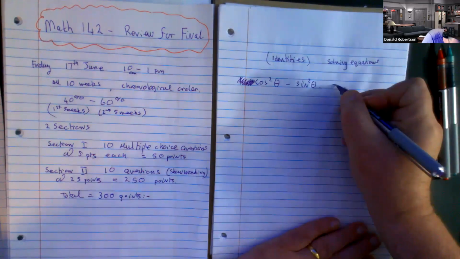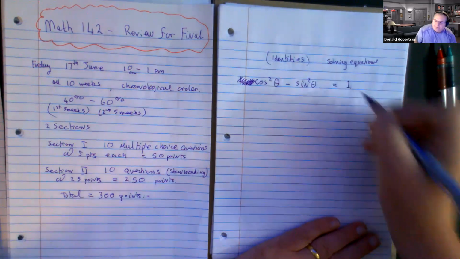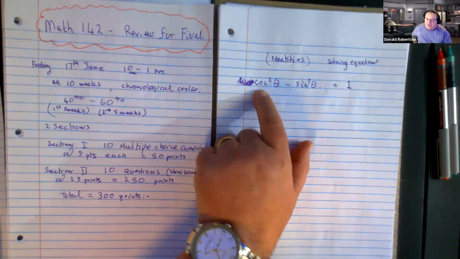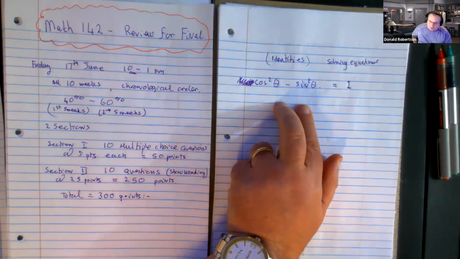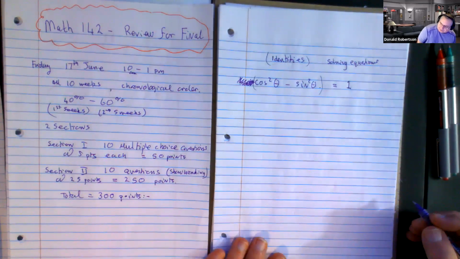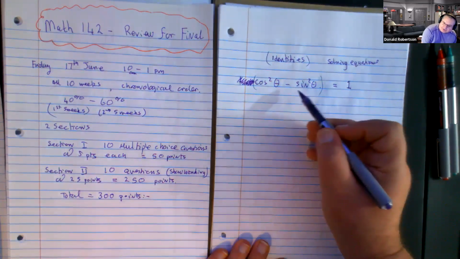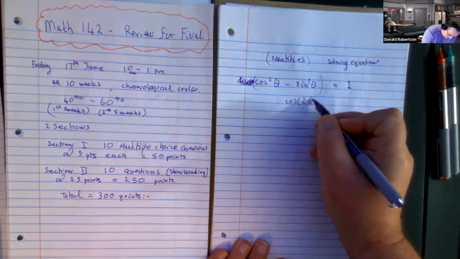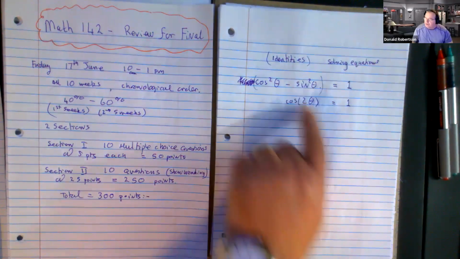Suppose you were being asked to find the solution to that. There are trig identities that allow us to turn expressions like this into something smaller. Do you recognize this one as one of the double angle formulas? Cos squared theta take away sine squared theta is the cosine of 2 theta. And then from here I could solve it. That would be an example.